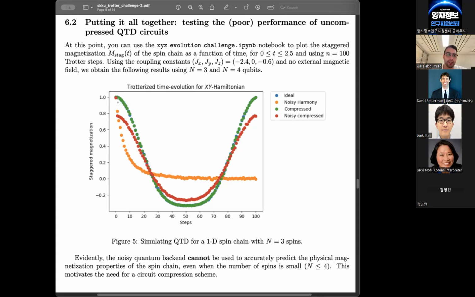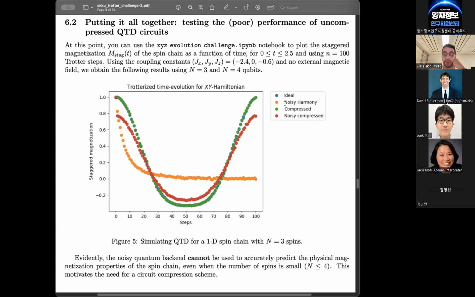And as I said, the magnetization prediction from the deep circuit is actually converging to 0, right? So it's not telling us anything about that physical system. It's not being able to compute the physical properties just because you're dealing with a very deep circuit and all the noise in the hardware.